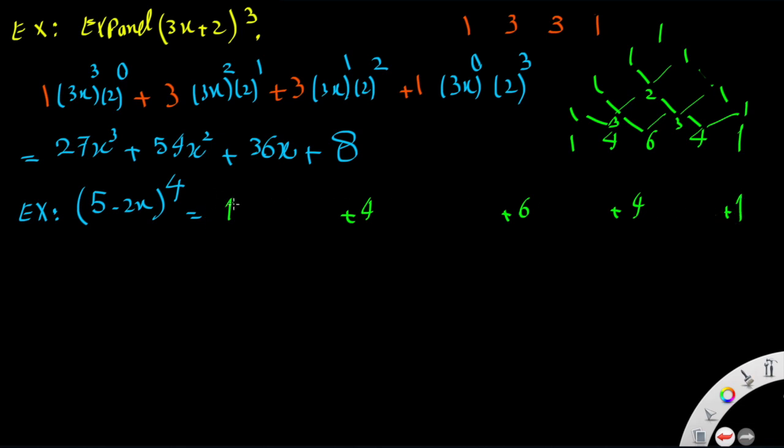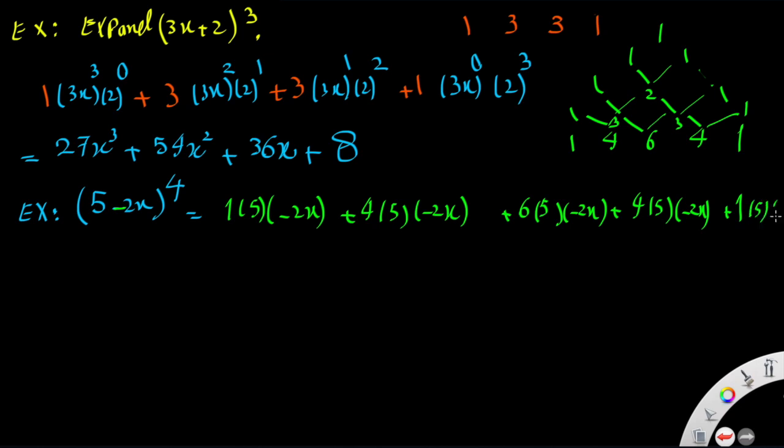Now I write the terms. Be careful, negative is a part of the second term. 5 minus 2x, 5 minus 2x, 5 minus 2x.